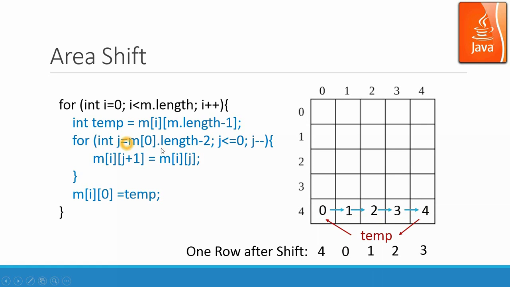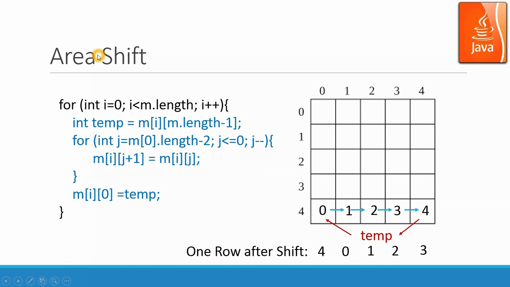So we start from j equals m[0].length minus 2. That will be this 3 if the length is 5. And then stop at j equals 0. And each one we move like this: 3 to 4, 2 to 3, 1 to 2, and 0 to 1. And after that, we put the temp value back to the 0 location.